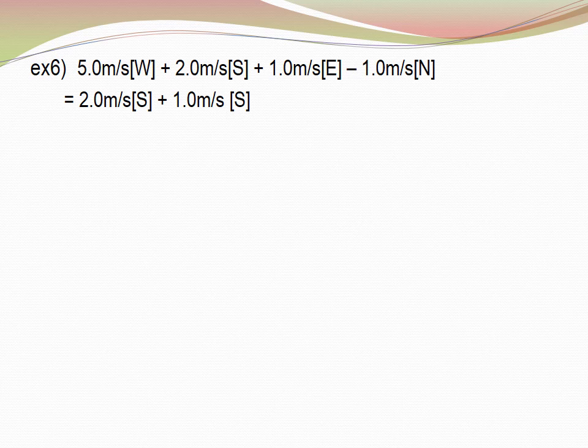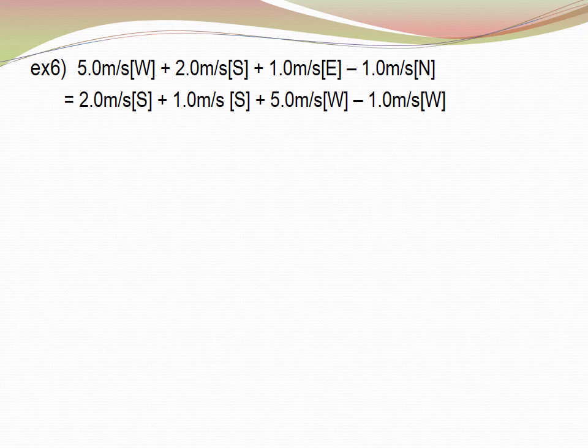West is going to win, so 5.0 meters per second west will remain 5.0 meters per second west. But the east will also be switched to west. And when the east becomes west, positive 1.0 becomes negative 1.0 meters per second.